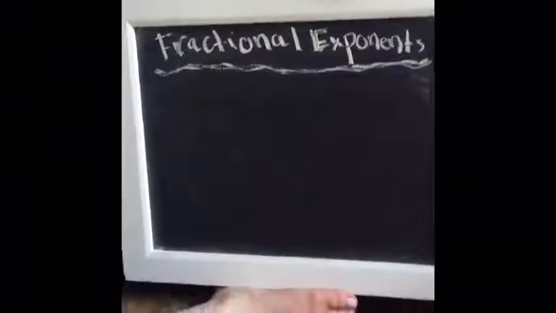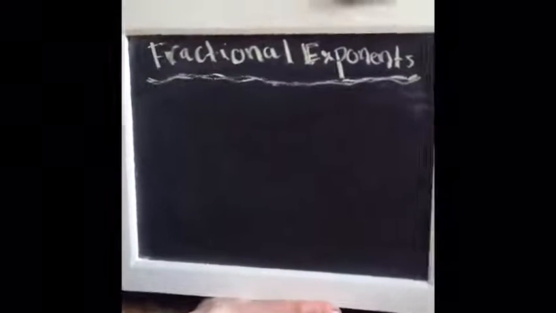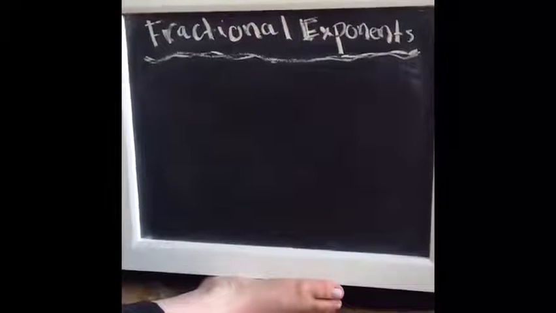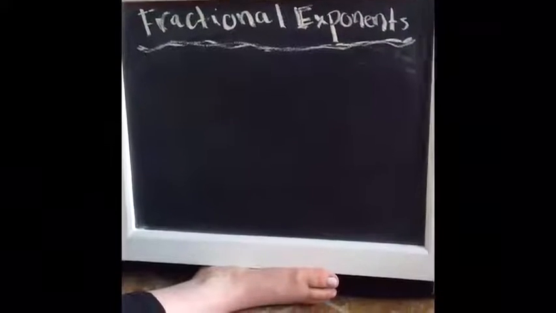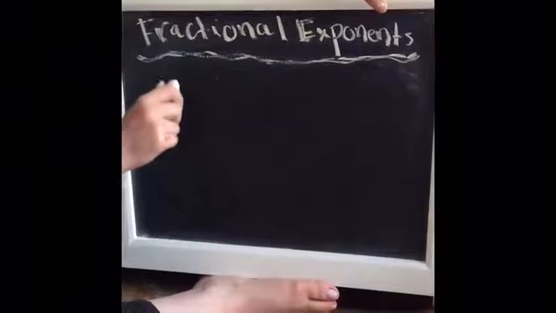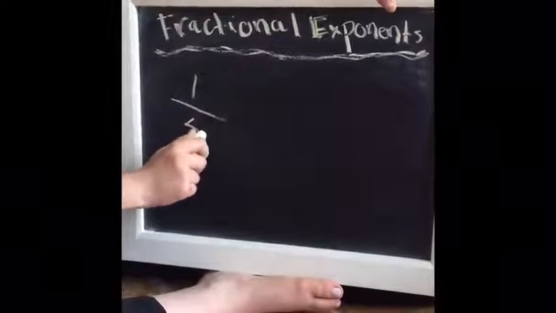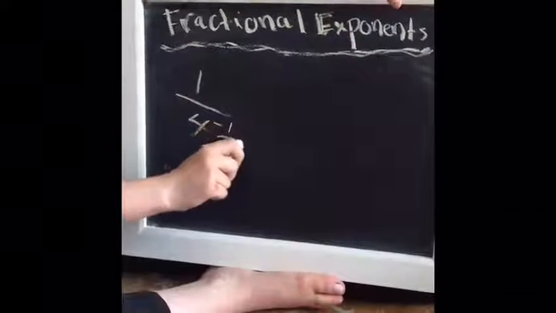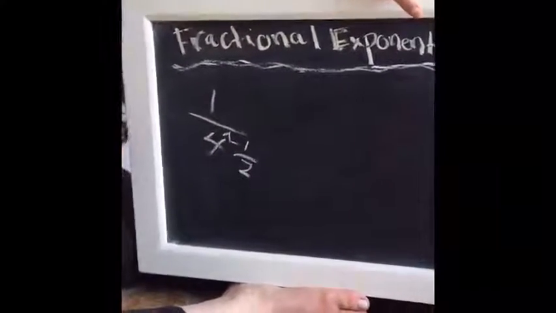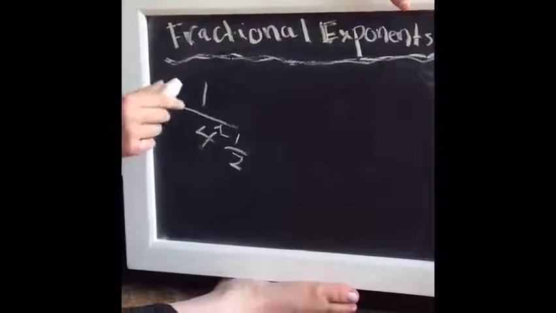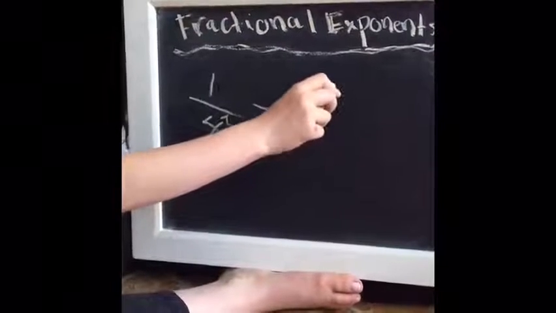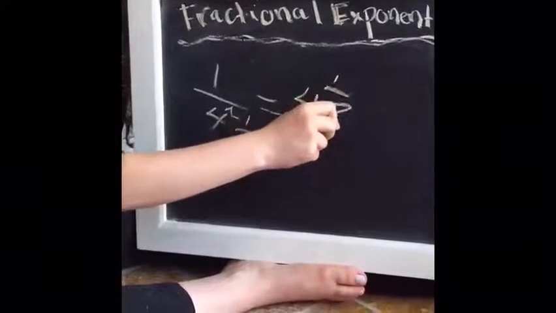And for simplifying negative exponents, it's basically the same steps, only you must first apply what you first learned about negative exponents, which is that you must flip the expression before solving. So for example, if you had 1 over 4 to the negative 1/2, you just flip the equation so that it's 4 raised to the power of 1/2.